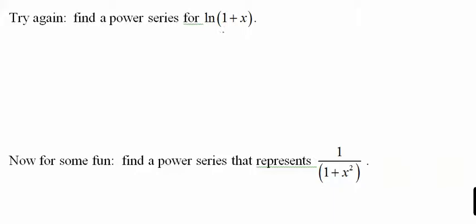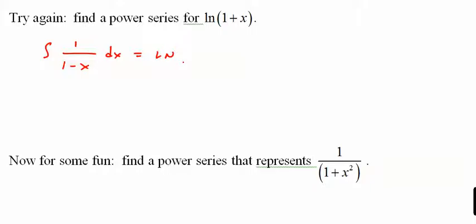How about ln of 1 plus x? Well, we know that the integral, and we're doing an indefinite integral, and we're not going to worry about a c value. We don't need absolute value for this because the interval of convergence tells us that if you put in negative 1 to 1, you're always positive.